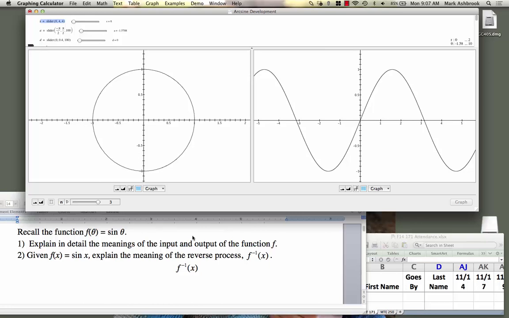Just in general, the input of the sine is what? Colton, what's the input into sine? We hammered it day after day. Everyone in here should know. Nick, what's the input into sine?